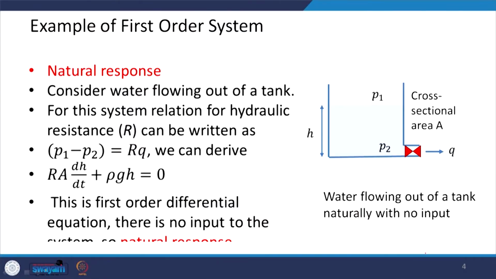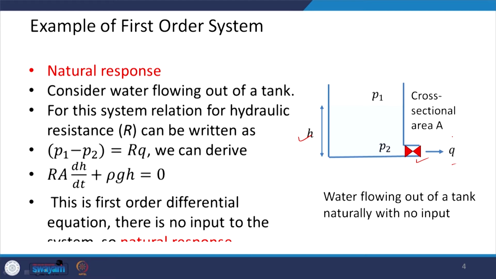Now, let us see the example of a first order system. As I explained in the last lecture, suppose there is a tank and there is water filled up to a height h, and pressure at the top and bottom are say P1 and P2, and there is a valve through which the discharge takes place, and P2 is the pressure after the valve.